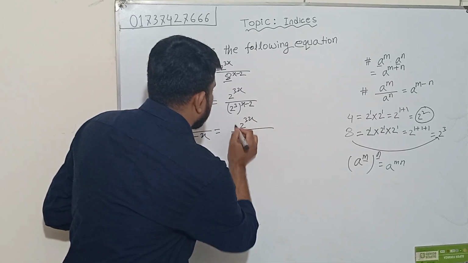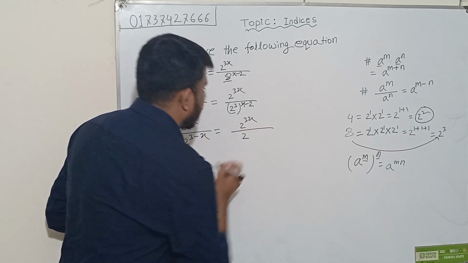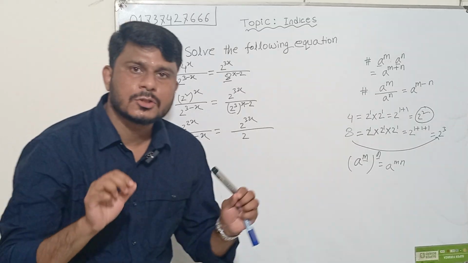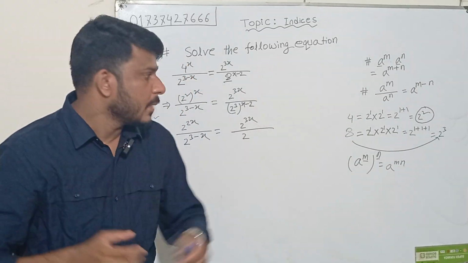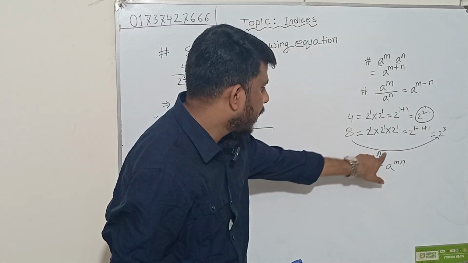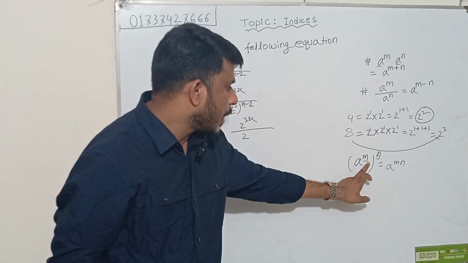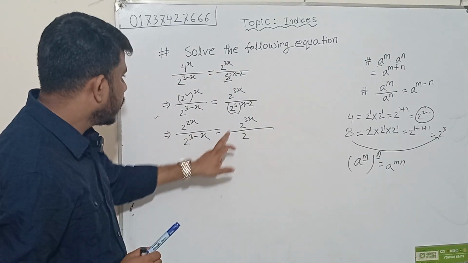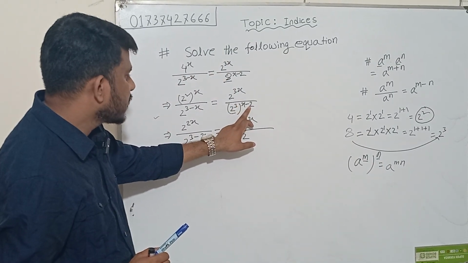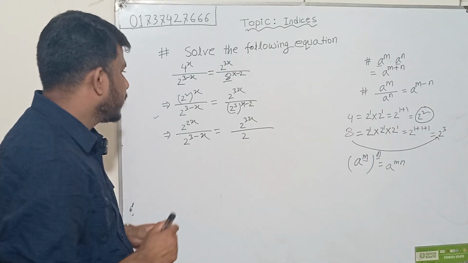Then equal, and 2 to the power 3x, just copy it. Same thing here: the base is 2 and, as I already told you, power of power we multiply together, like m multiplied by n. This is a power and this is another power. So here this is the 3 power and this is another power, so we have to multiply together.